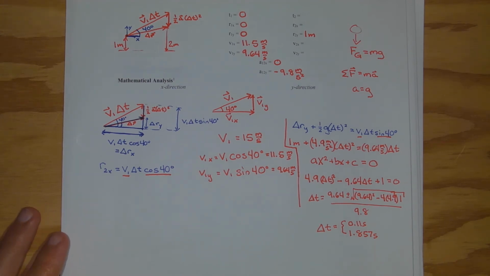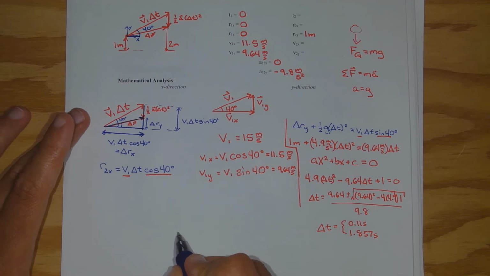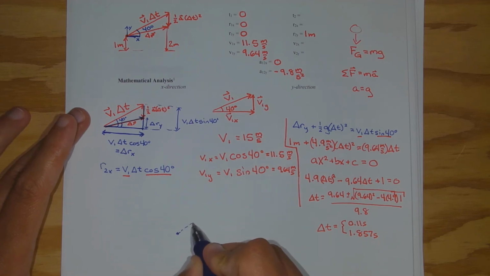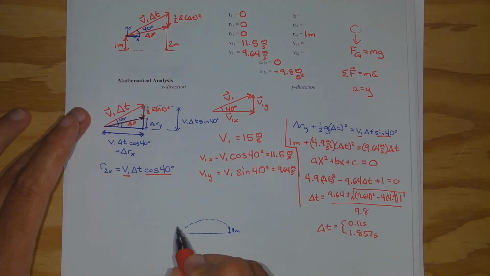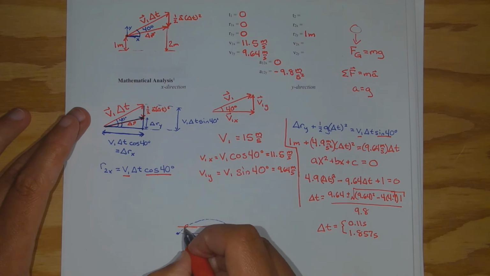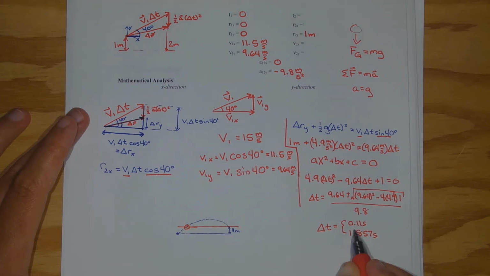We have to figure out which solution is correct. When the human cannonball is launched, the human cannonball goes up and then lands. This is 1 meter above where we started. But there are 2 points in time at which the human cannonball is 1 meter above where they started. So this would be the first solution, and that happens soon after the human cannonball is launched.